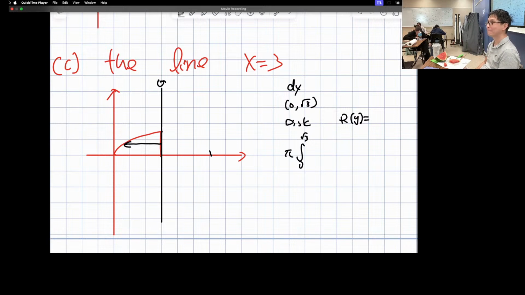Put it out there. Would it be square root of y? That would be no. No. But that's okay. It's a good try. Okay, so two people are right. One's Chris, one's Nicole. Very good job.